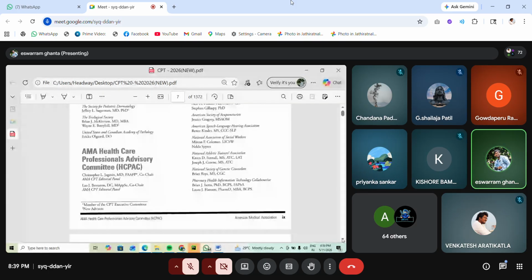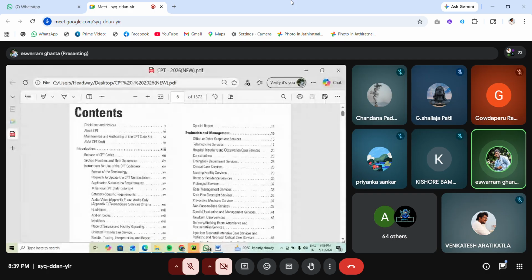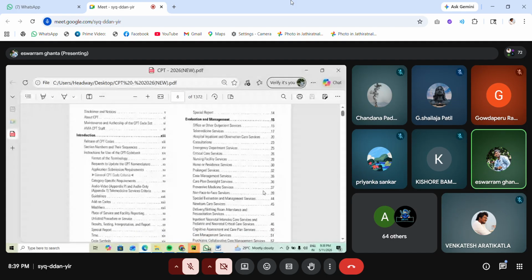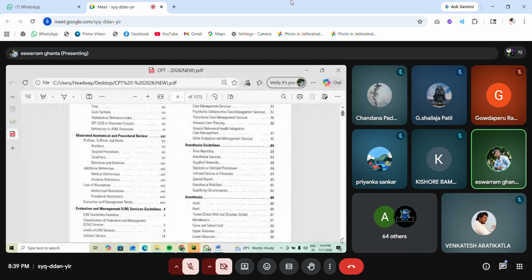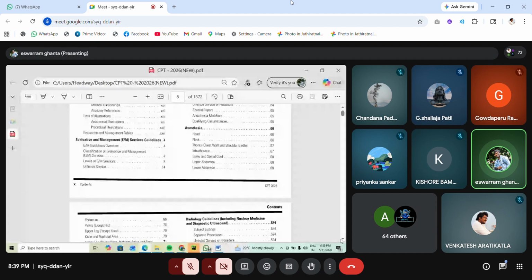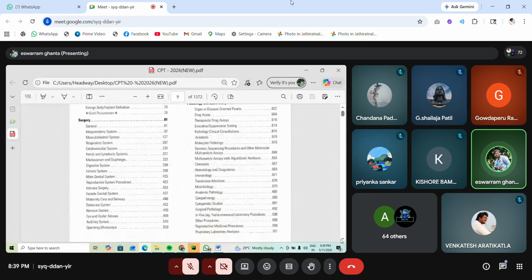Yes, sir. Okay, so this is about the contents. We already discussed all these contents. Evaluation and management, next anesthesia, next the surgeries. I'll tell you surgeries clearly. Surgeries are divided basically system wise. First is the integumentary system, next the musculoskeletal system, next the respiratory system.